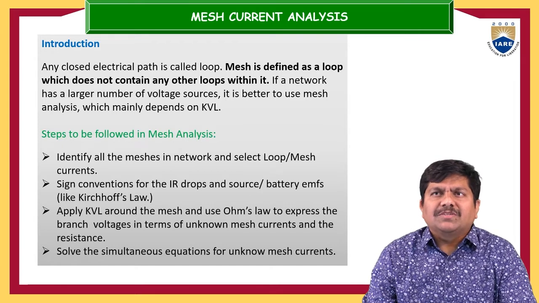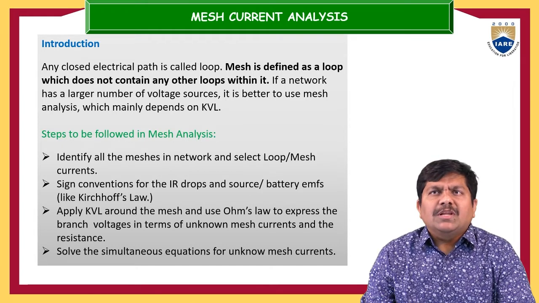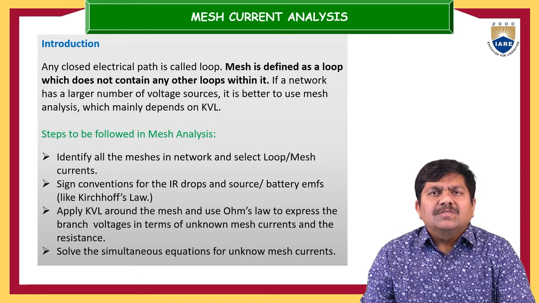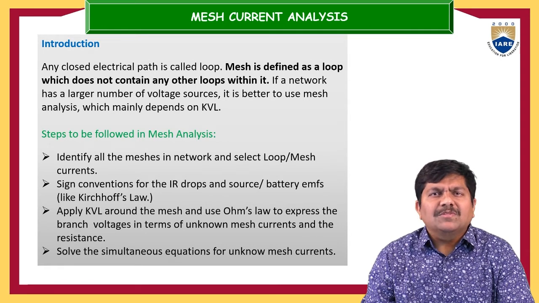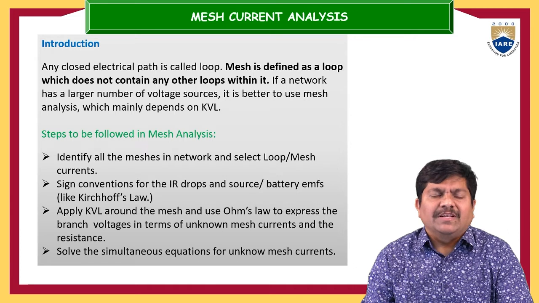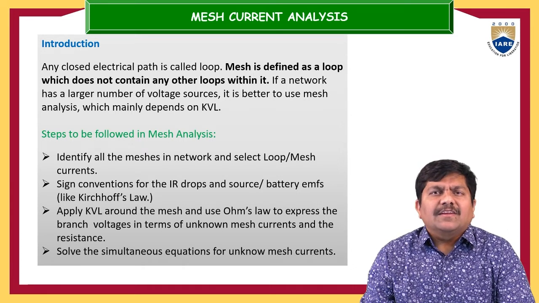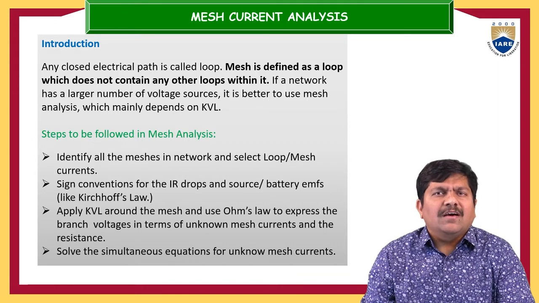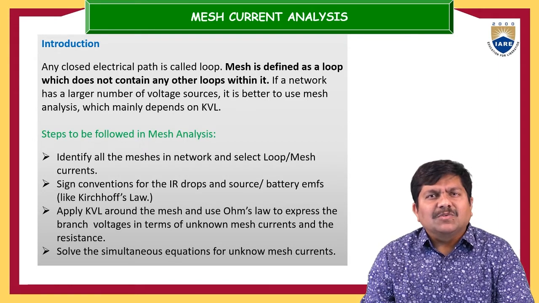So if a network has a larger number of voltage sources, it is better to use mesh analysis, which mainly depends on Kirchhoff's voltage law. Broadly there are two types of electrical networks: a circuit may consist of many voltage sources, many current sources, or a combination of both. If a circuit consists of a combination of voltage and current sources, the source transformation technique is highly used.